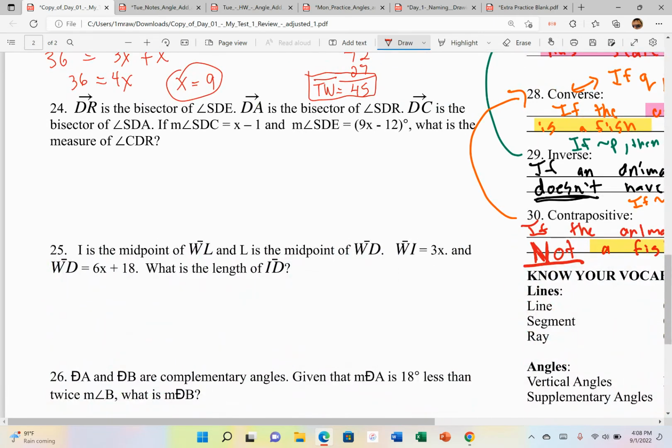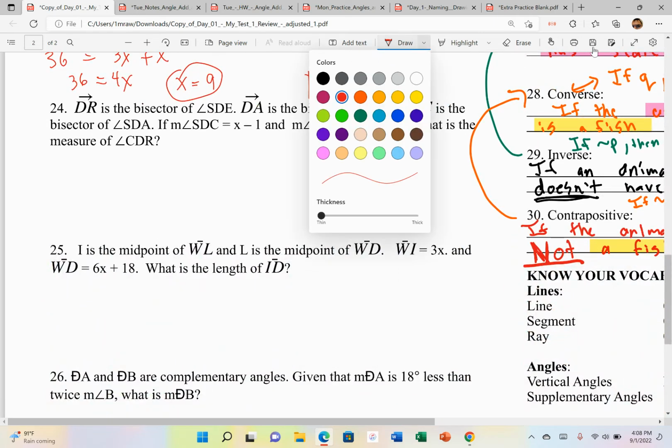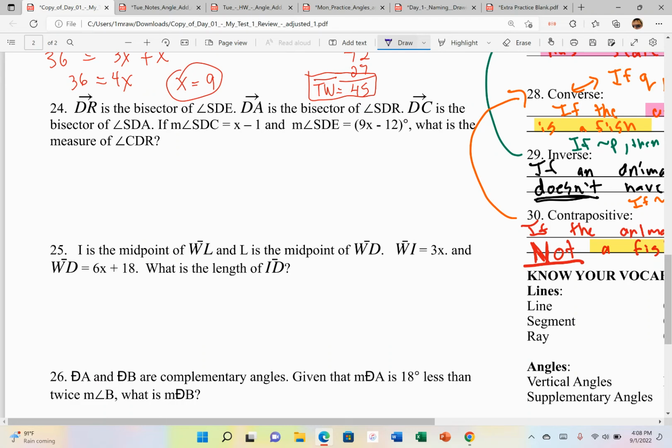All right. Now we have some bisectors. I guess this is dealing with some angles here. DR is the bisector of angle SDE. So let's draw this angle. Again, this is not for accuracy. So angle SDE. Oh, this one's going to be lovely.